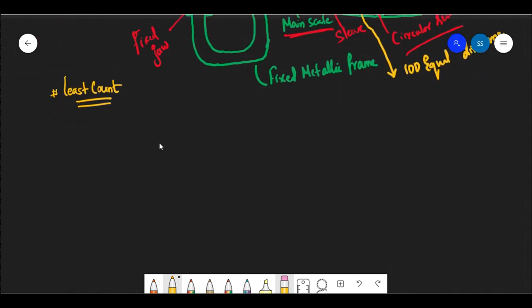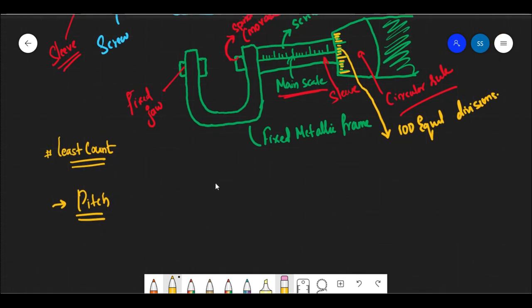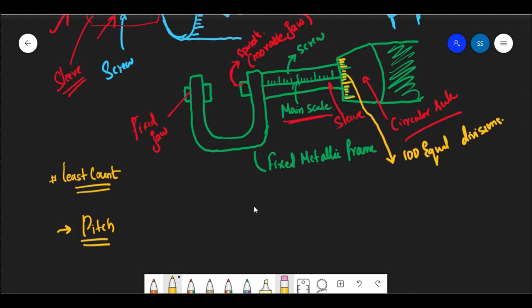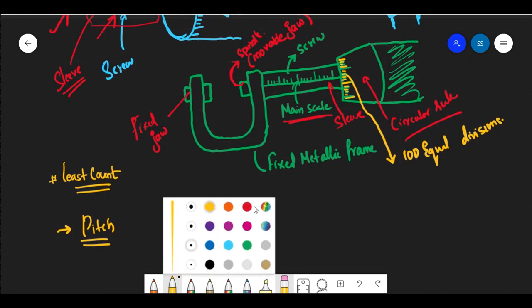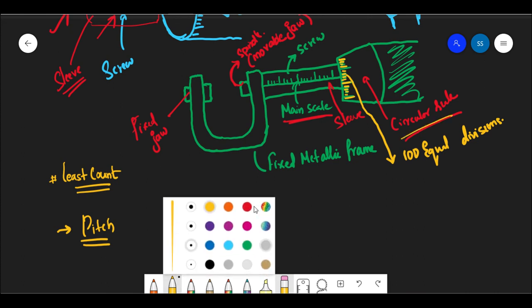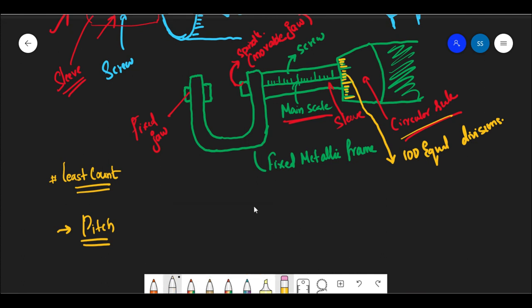Next, least count. Before going into the least count, I just want to mention what is meant by pitch. These are terms you might come across when you go through these measuring devices. Pitch basically means, in one single rotation of my circular scale, by how much distance does it move.